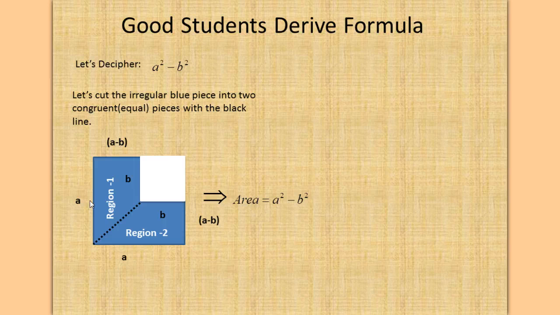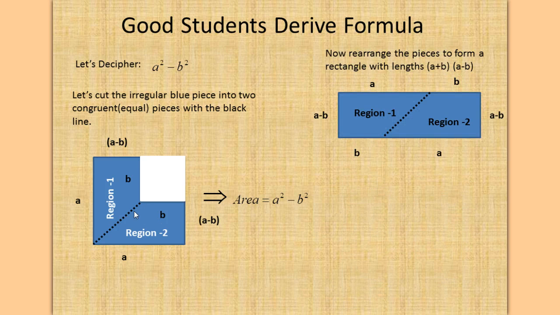We know that the area of this remaining region 1 and region 2 is equal to a squared minus b squared because we just calculated that. Now, once we cut this, let's rearrange it and place the sides together like this, region 1 and region 2.